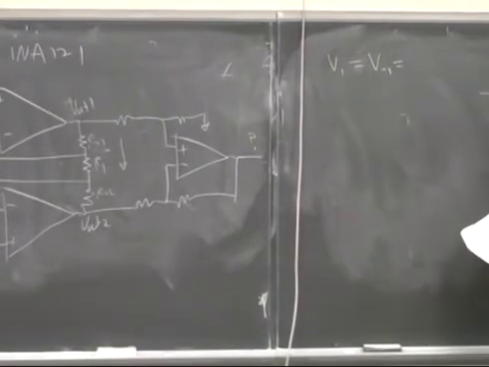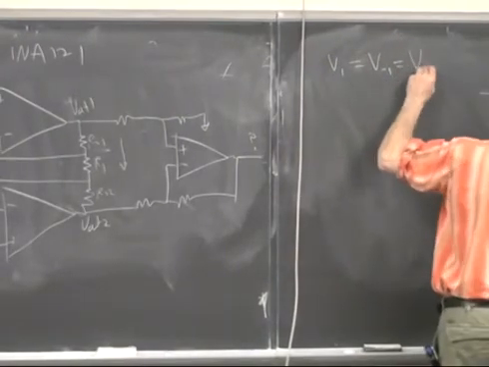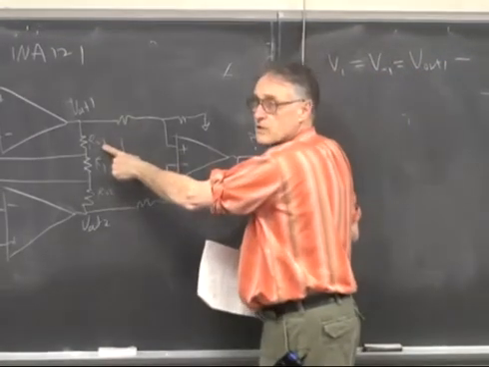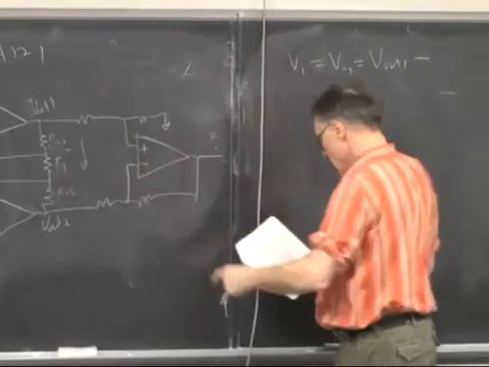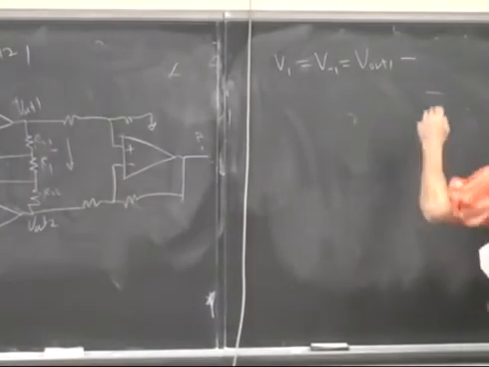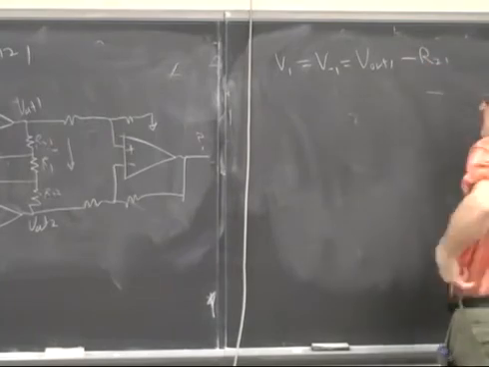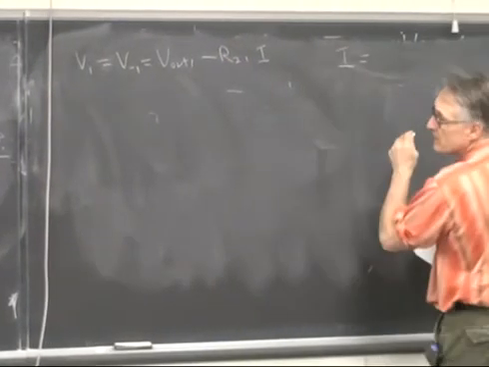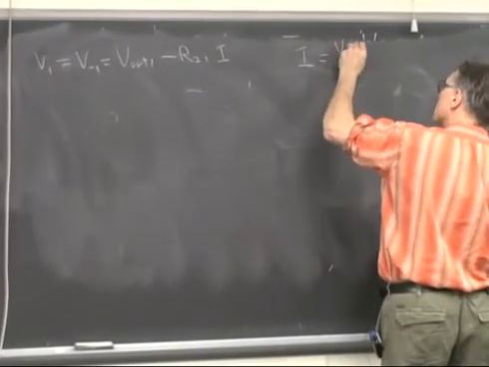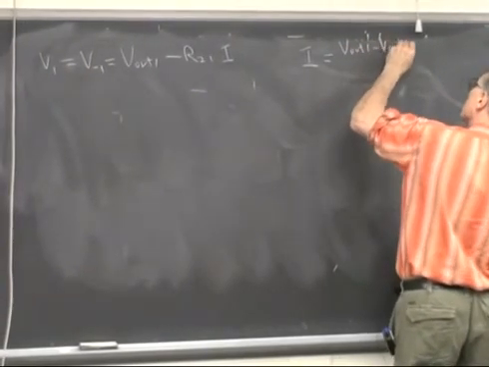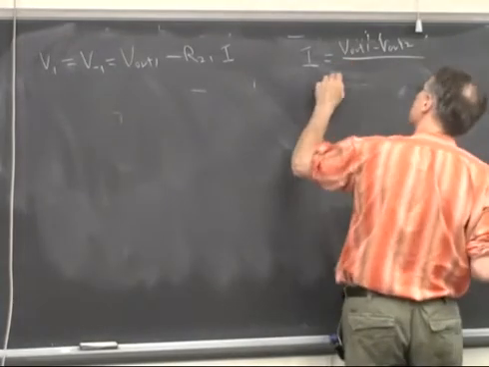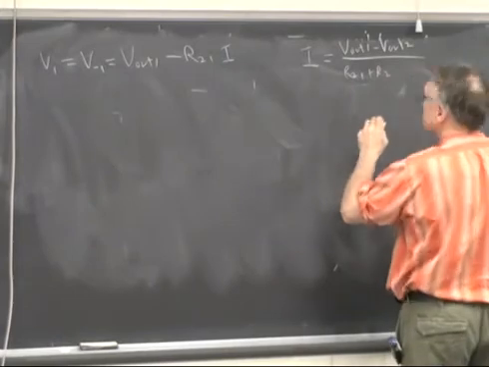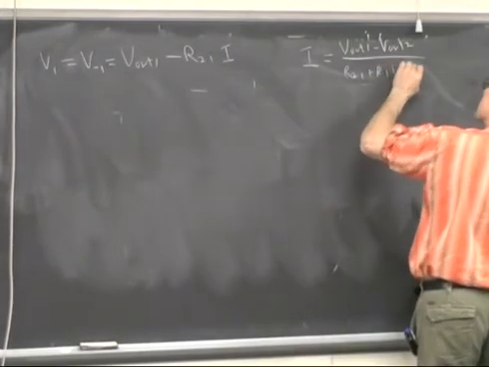Then V minus 1 is going to be Vout1 minus whatever the voltage drop is across R21, which is going to be R21 times I. But I has to be Vout1 minus Vout2 over the sum of the three resistances, R21 plus R1 plus R22.